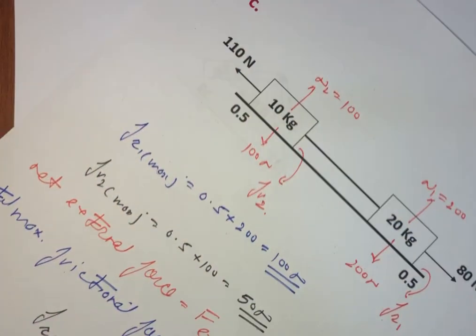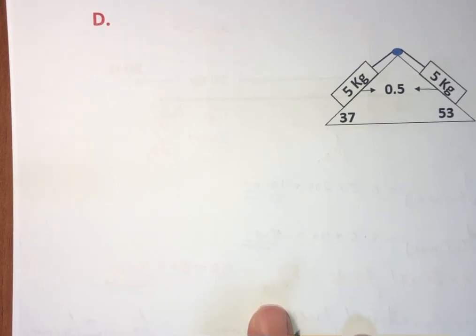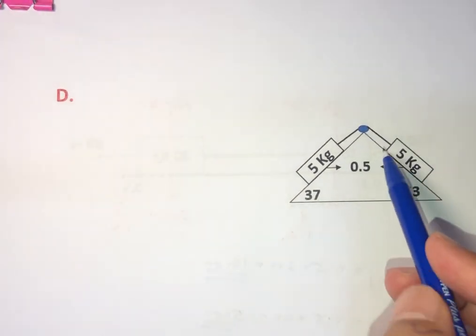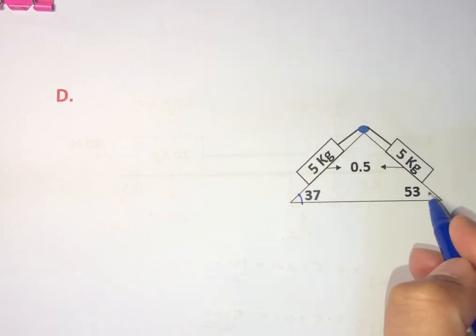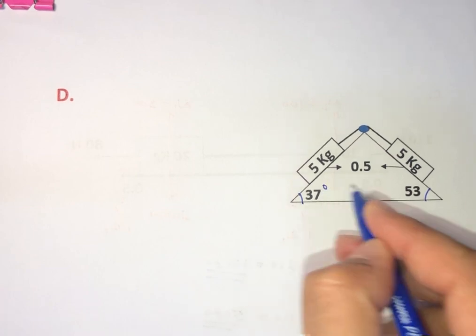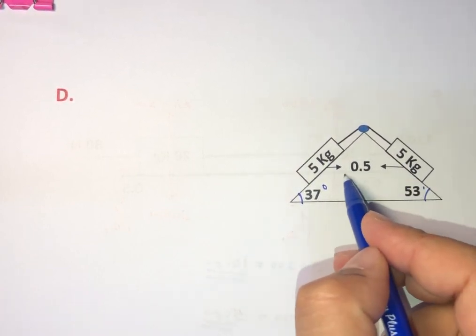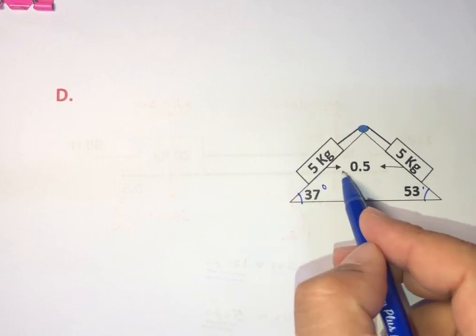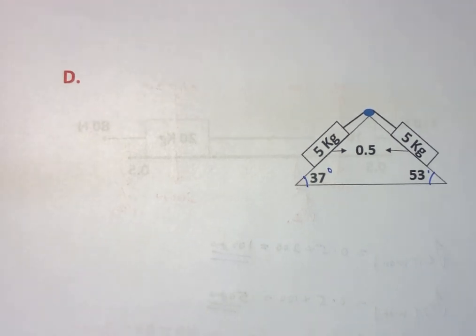So there is another question with a slight modification. So now we have a wedge which is having angle of 37 degree and 53 degree, and 2 blocks 5 kg and 5 kg, and the coefficient of friction is 0.5 in both, and the question being same whether they are going to move with what acceleration and with what will be the value of tension.